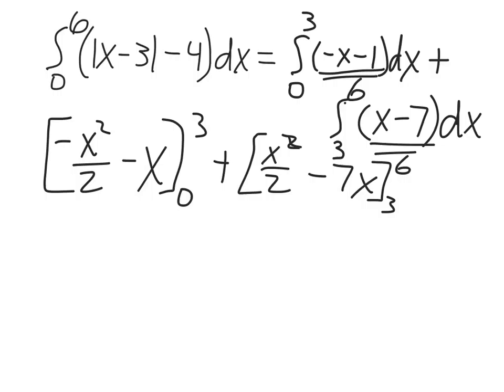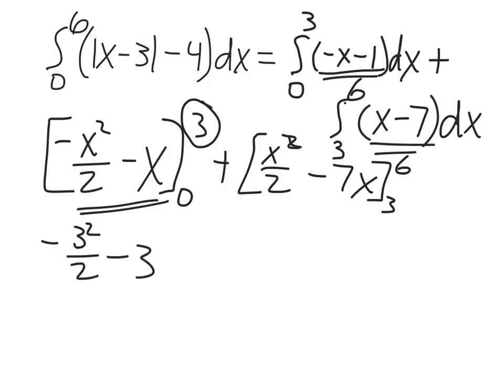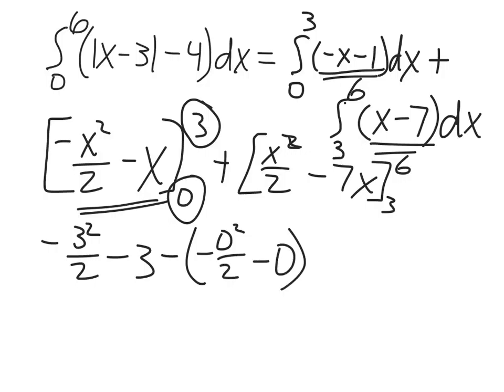So the fundamental theorem says we take our antiderivative and we plug in the top number, then subtract the bottom number. Hopefully we won't need a calculator for that one, but I like 0.